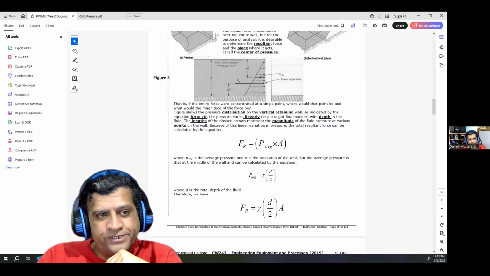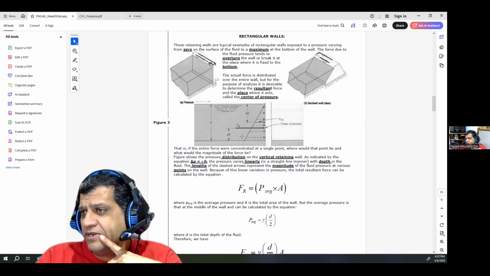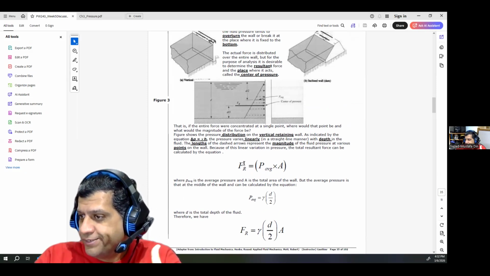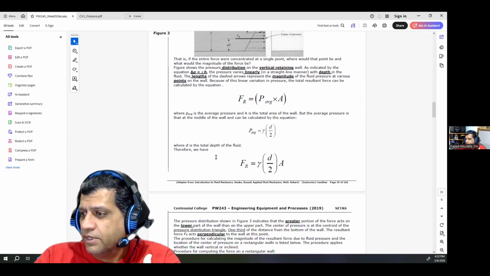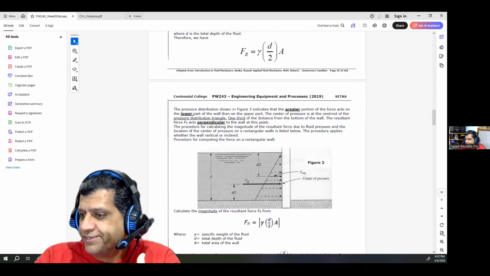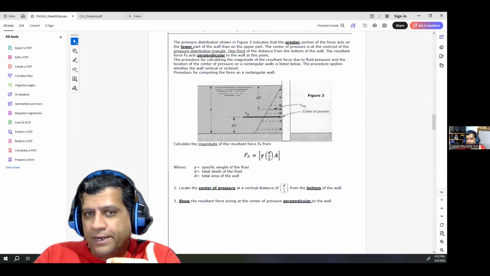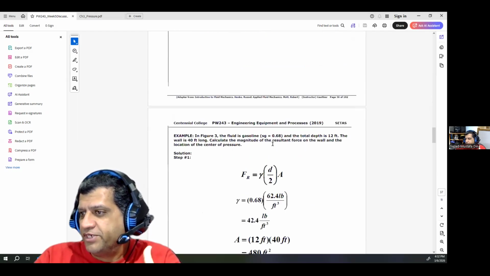This is the first question that you're going to want to be focusing on. When you have a rectangular wall, what is the average resultant force, the average pressure, how you determine that, where the center of pressure is, and basically to solve the problem using information given.